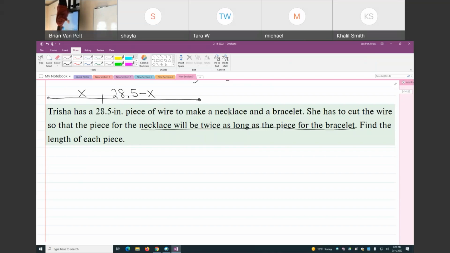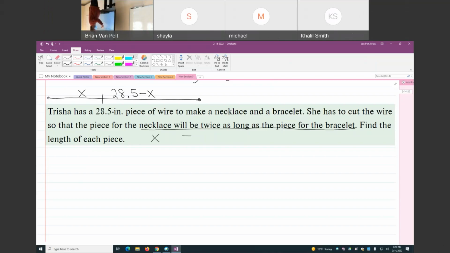One is the bracelet, one is the necklace. Pick one. X for necklace, all right? The necklace will be twice as long as the bracelet. Yeah, I even said it verbally to show you how it works out.